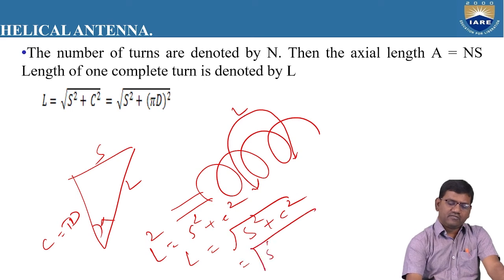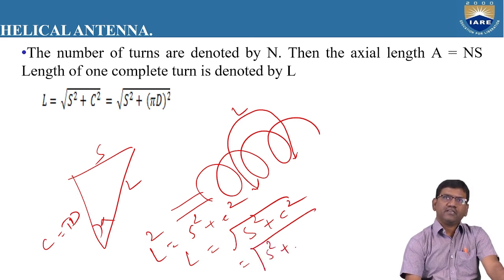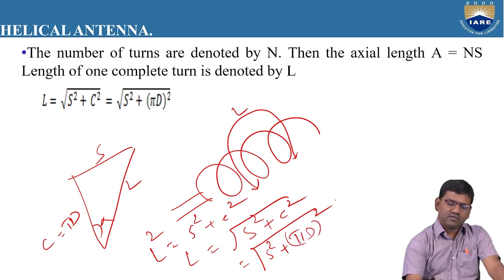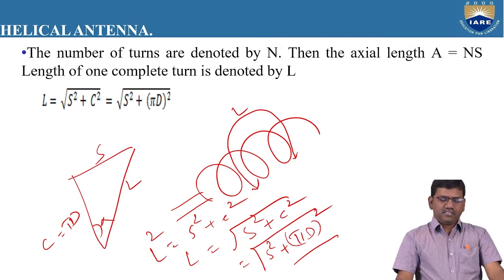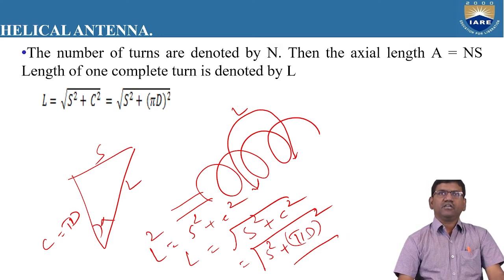We know that C is equal to pi d, so C square is pi d whole square. If you want to design a helical antenna, the length must be equal to root of S square plus C square.